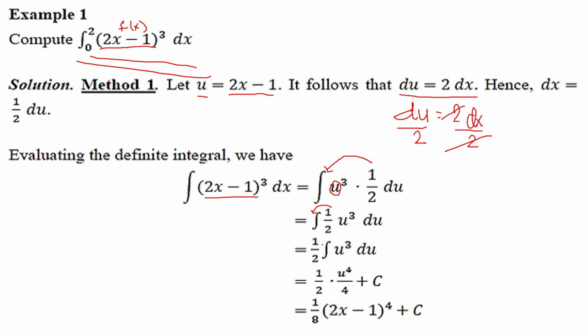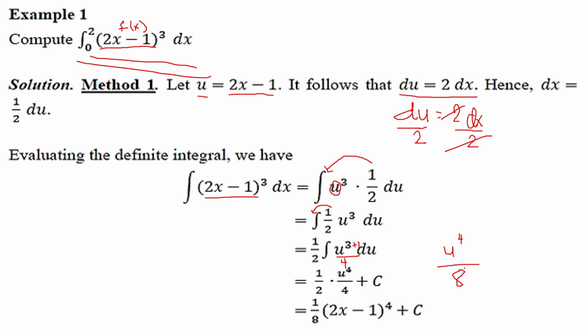So, ano po ang gagawin natin? Ito ay nakahiwalay. Ito ay nakalabas. So, 1/2 times ito ay u cube plus 1, so over 4. So, u raised to 4 over 4 plus c. Okay. Next, 1 times u raised to 4 over 2 times 4 is 8.